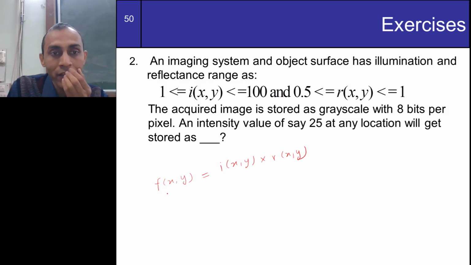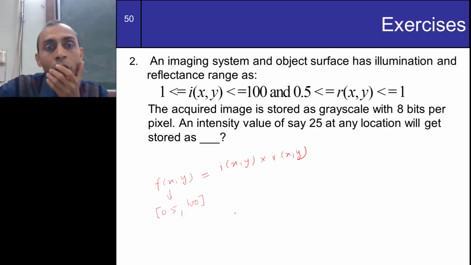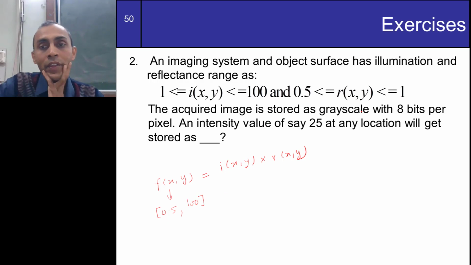So the range of f(x,y) will be from 0.5 to 100.